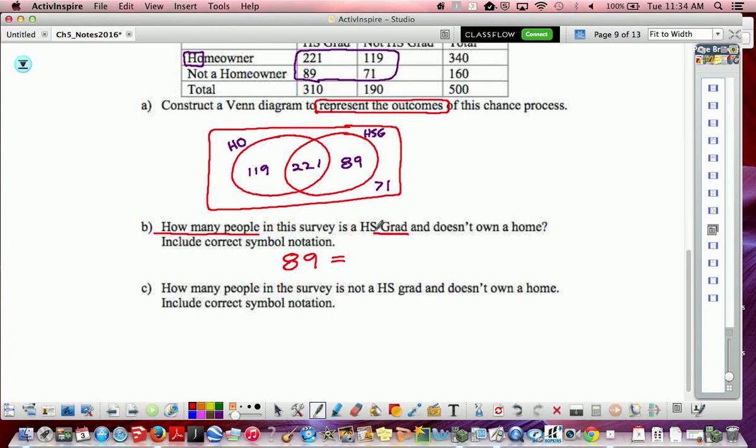High school grad and doesn't own a home. High school grad is what symbol? HSG. What's the symbol for and? Okay, the upside down U. Doesn't own a home? HO complement.